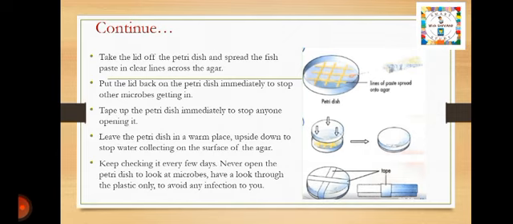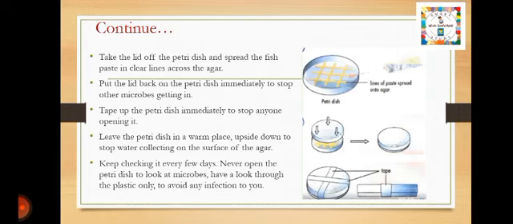Keep checking it every few days. Never open the petri dish to look at the growth of the microbes. If you are excited, just have a look through the plastic only, to avoid any infection to you, because the bacteria which have grown might be dangerous or infectious and can cause problems to you.